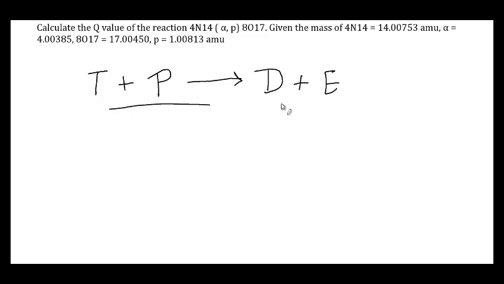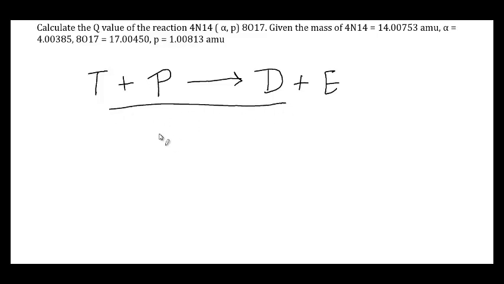If you can recollect what we have done in the classes, usually we write a nuclear reaction like this: you have a target nucleus and a projectile that is hit on the target nucleus, which gives rise to some daughter nucleus and an ejectile, or another atom, or an alpha particle, or a beta particle, or gamma radiation being emitted. So typically this is one way to write the nuclear reaction.